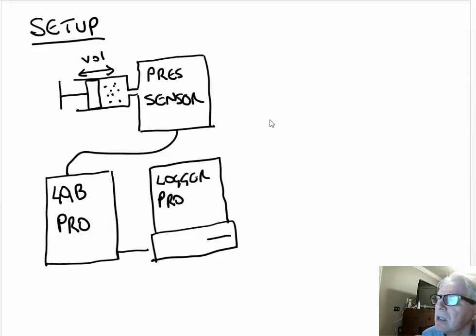Now, one more thing on this is that I need to decide what amount of gas to begin my experiment with. And so before I connect the syringe to the pressure sensor, I'm going to move the handle of the syringe to set a certain volume. And the volume I'm going to set is 15 milliliters, got to start somewhere.